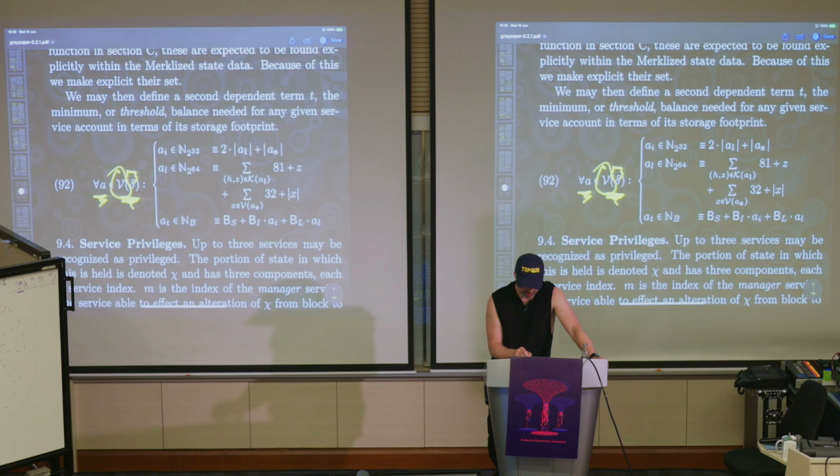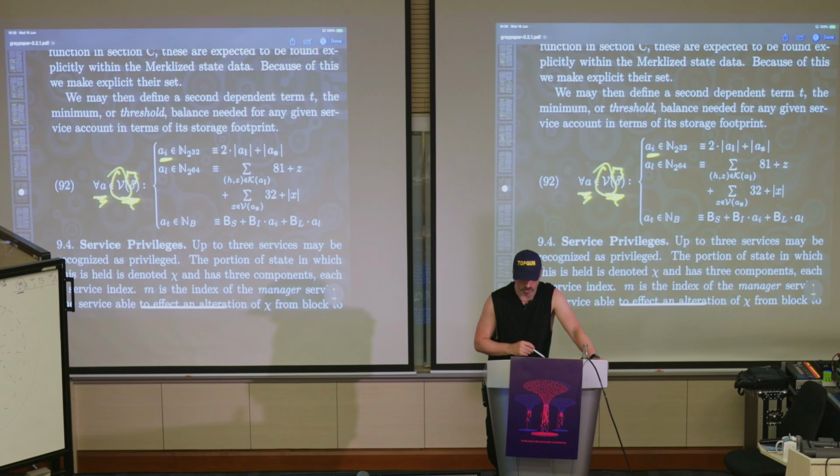So A_I, which is the number of keys in each of the dictionaries, is twice the number of keys in the lookup dictionary plus the number of keys in the state dictionary. That's just basically, we're keeping track of how many keys we are storing in the service account.